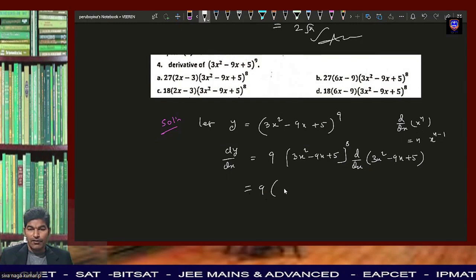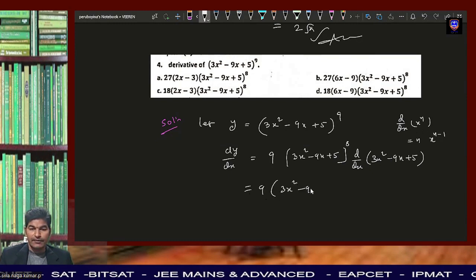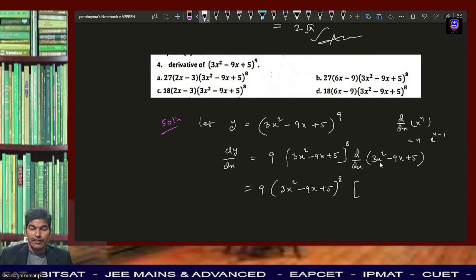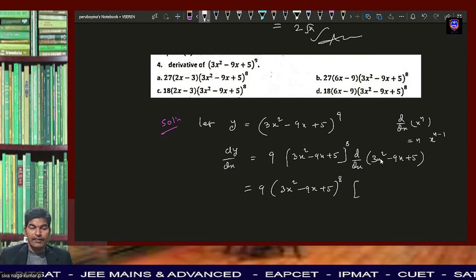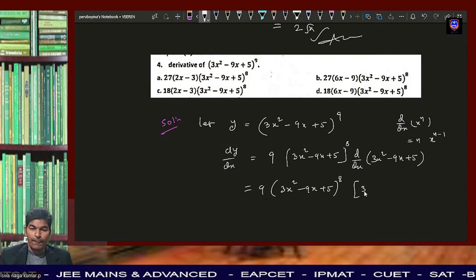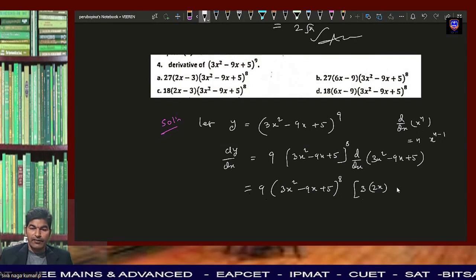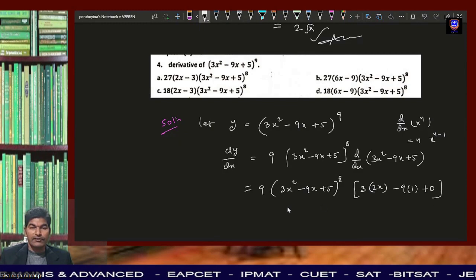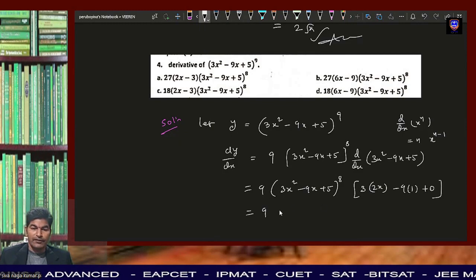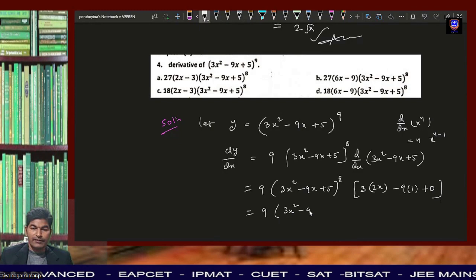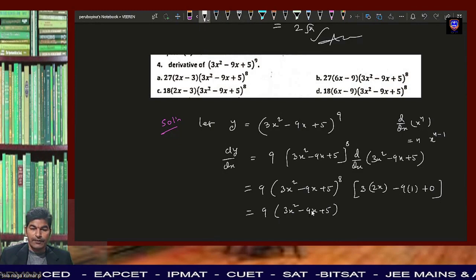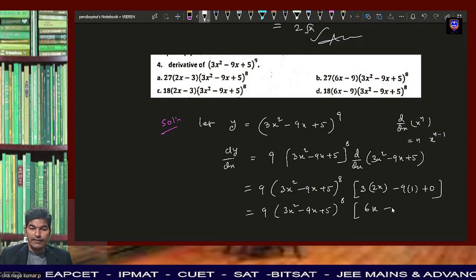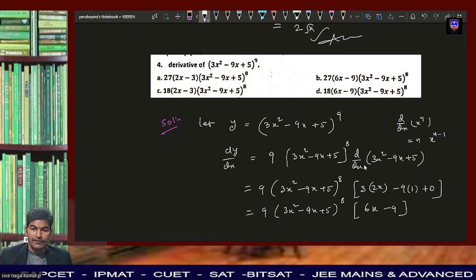So 9 of 3x square minus 9x plus 5 whole power 8 multiplied by the derivative of 3x square: 3 into x square derivative 2x, minus 9 into x derivative 1, constant derivative 0. So 9 of 3x square minus 9x plus 5 whole power 8 into 3 2s are 6x minus 9.